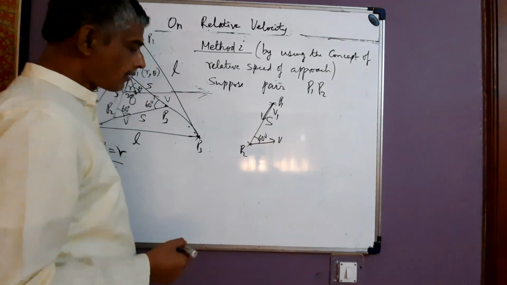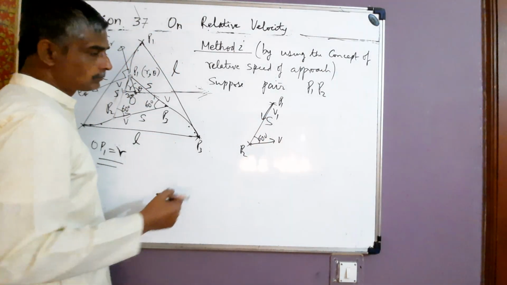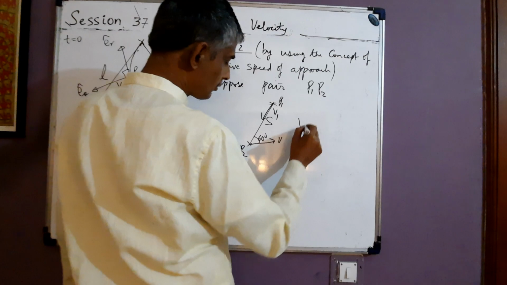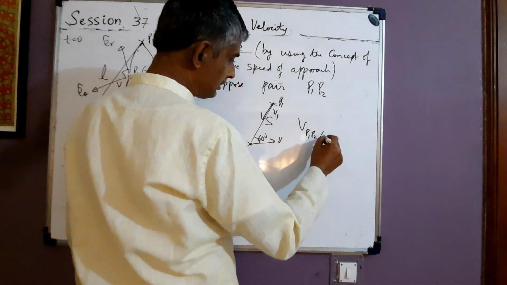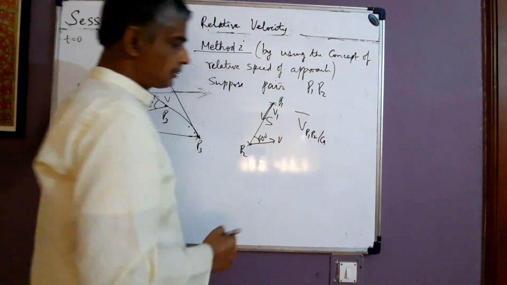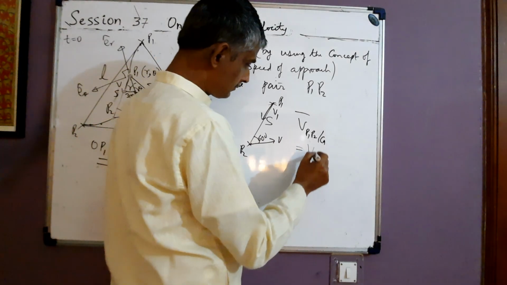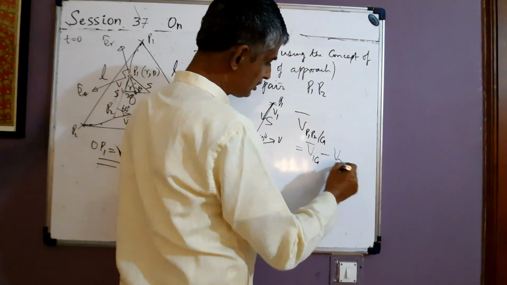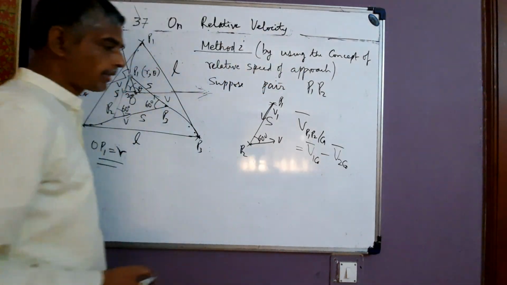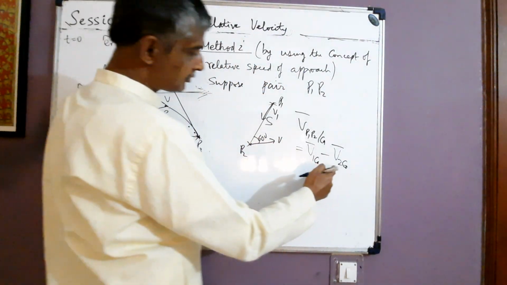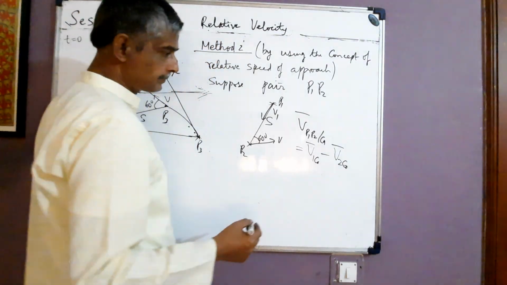So we will find the velocity of P1 with respect to P2, V P1 P2 G, G meaning ground frame, which is V1G minus V2G: the velocity of P1 with respect to ground minus the velocity of P2 with respect to ground.